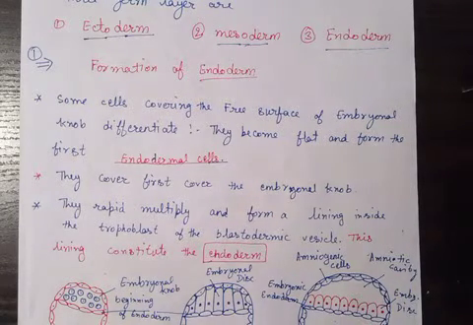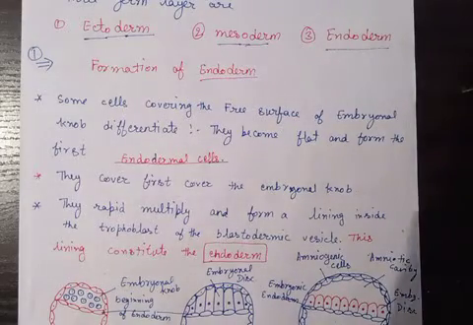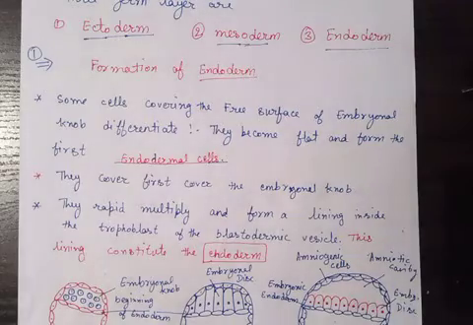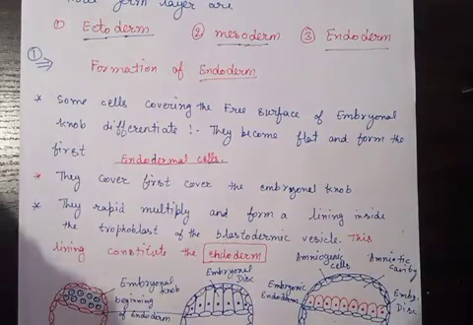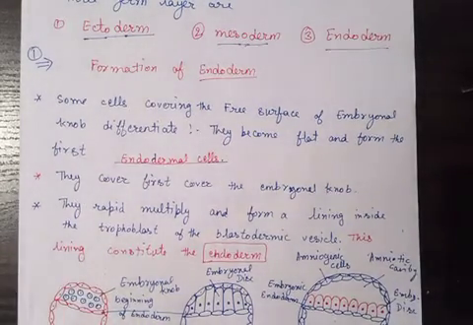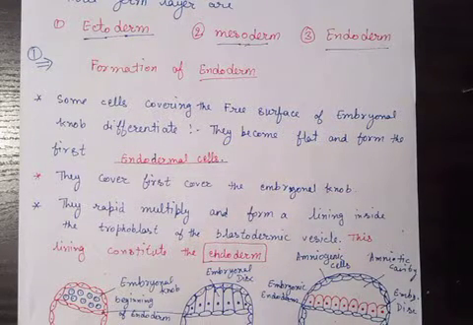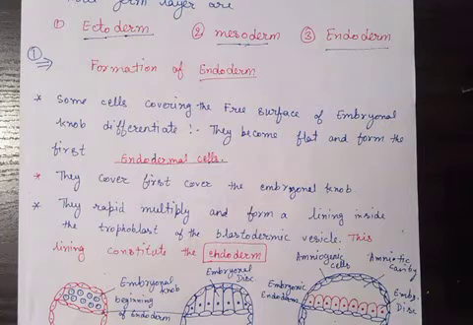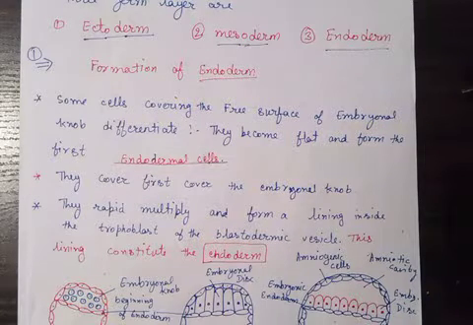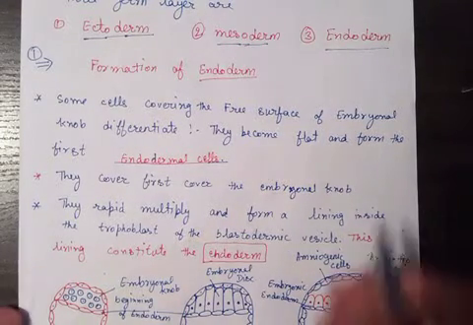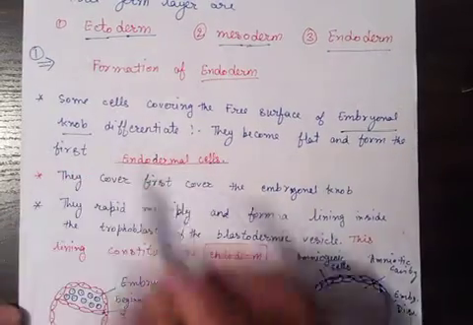In this, we know some cells covering the free surface of the embryonal knob differentiate. This is the portion where the trophoblast attaches to the mother's womb, the uterine wall, where some cells of the inner mass form the embryonal knob.